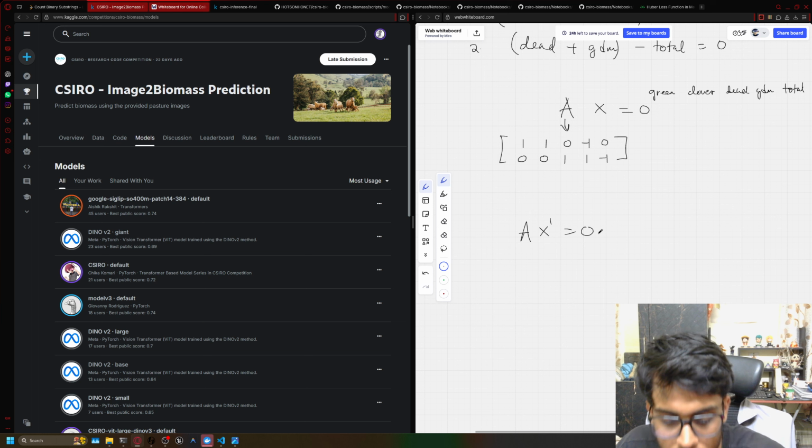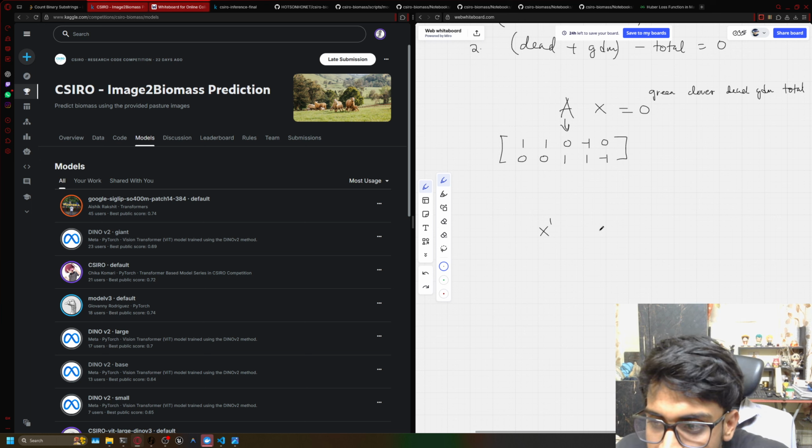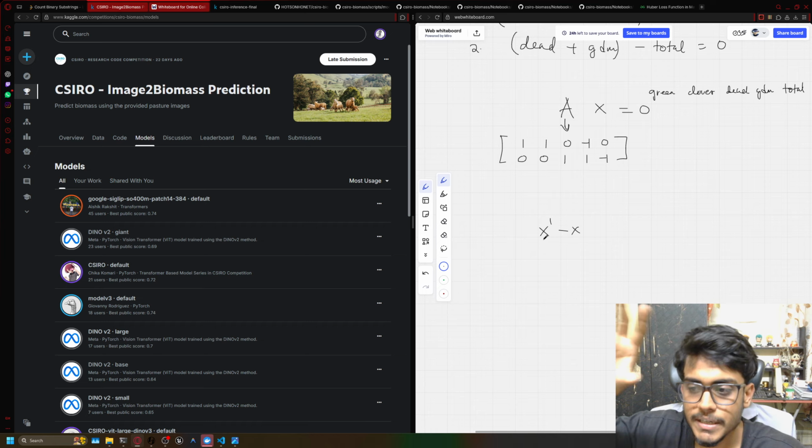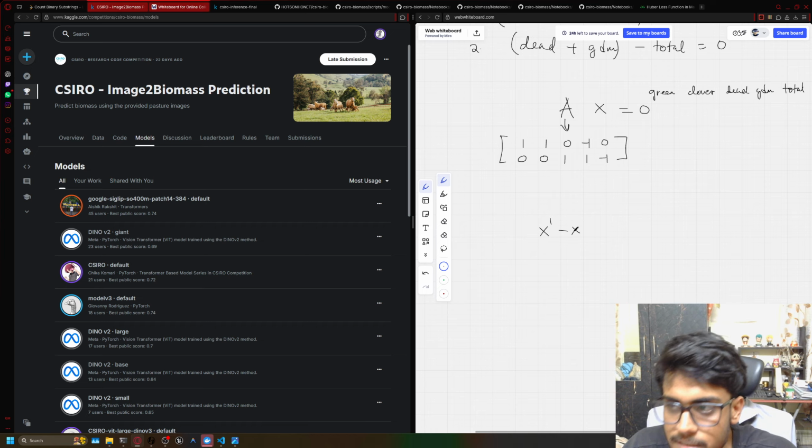I should project my predictions in such a manner that the corrected values minus my original predictions have a small distance.